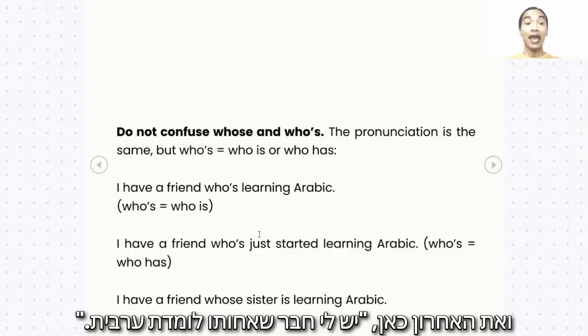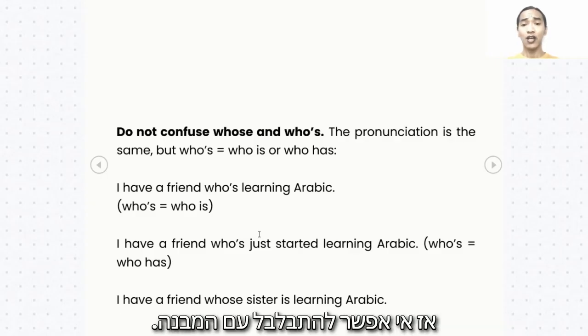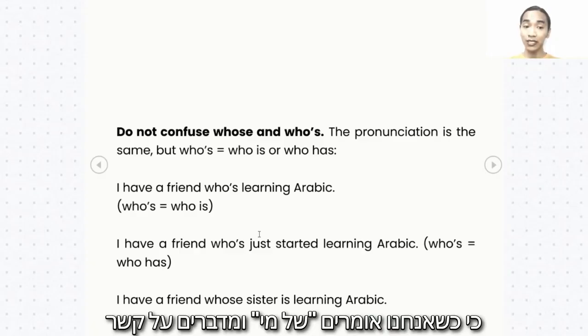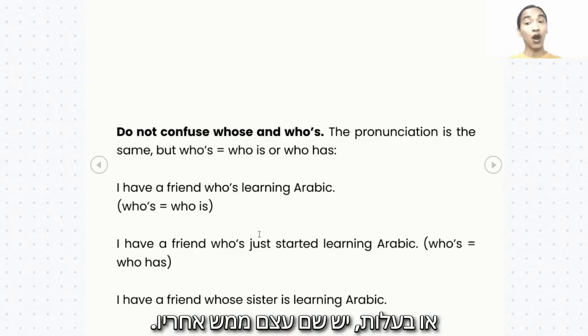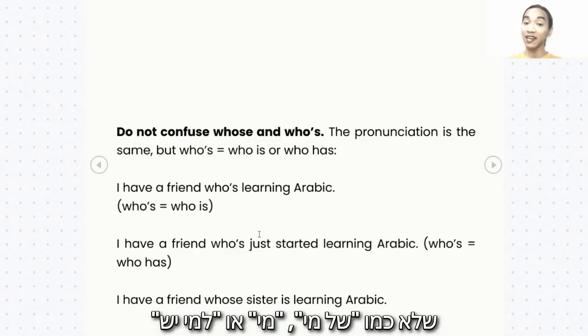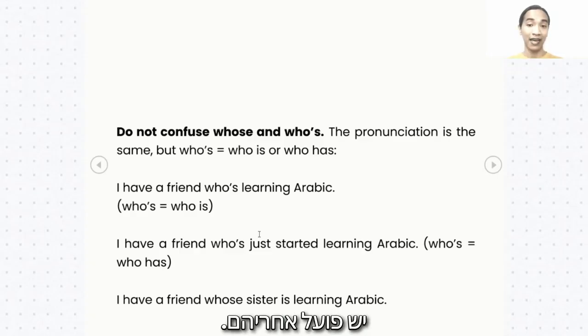And the last one here, I have a friend whose sister is learning Arabic. So we cannot be confused with the construction because when we say whose, talking about relationship or possession, there is a noun right after it. Unlike who's, who is, or who has, there is a verb after them. So don't be confused about that.